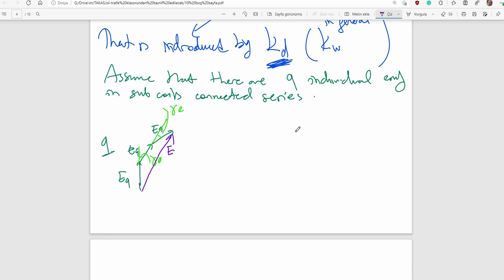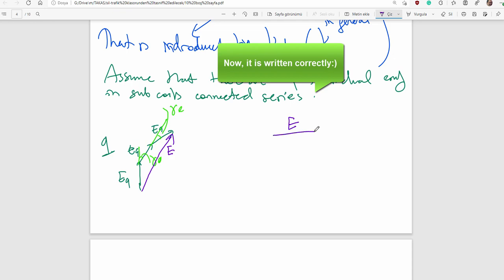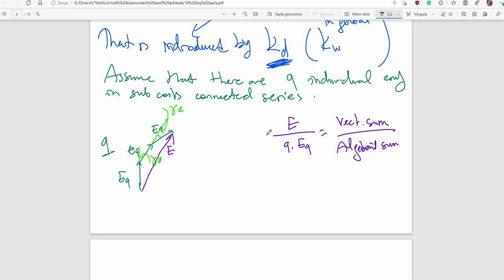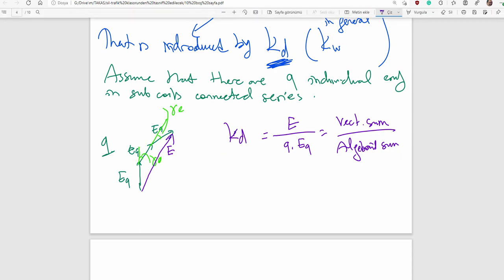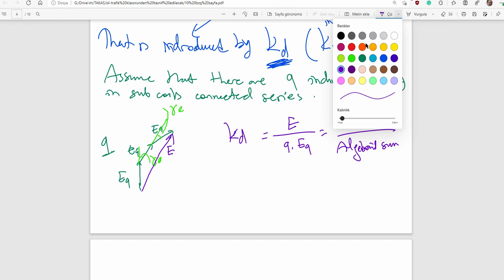And we try to find the vectorial summation over Q times EQ. Vectorial sum over algebraic sum, and that is called the distribution factor KD.